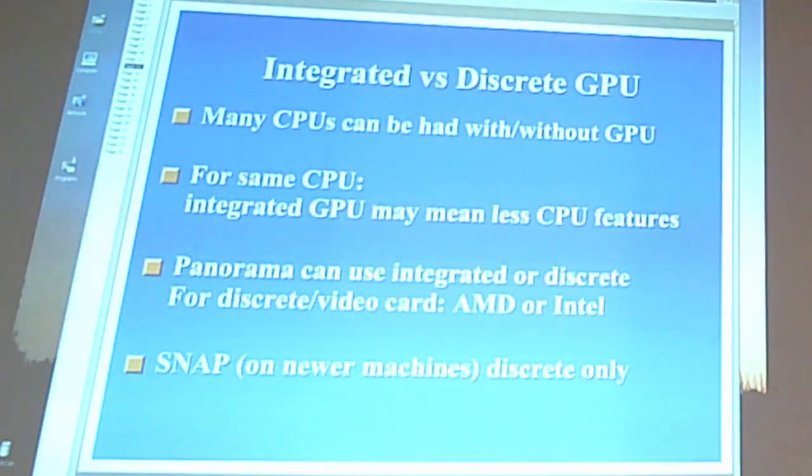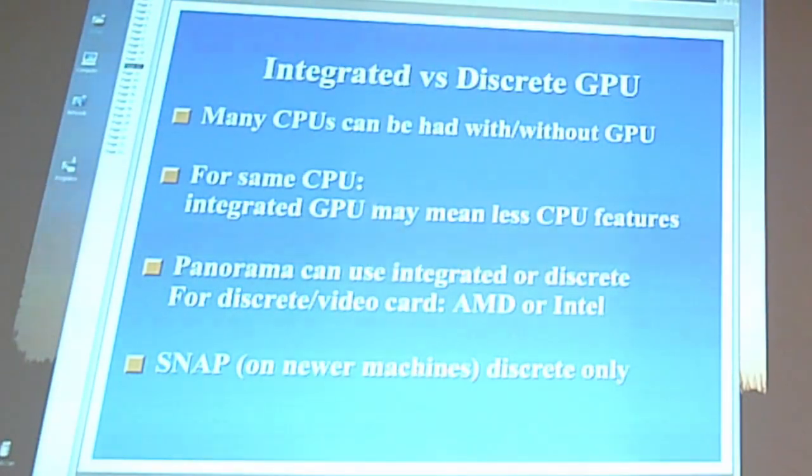So nowadays, many of the CPUs, both from AMD and Intel, you can get with or without an integrated graphics processor. On the CPU? On the chip. Uh-huh. Yeah, and AMD calls it an APU for some reason. Intel calls it integrated graphics.